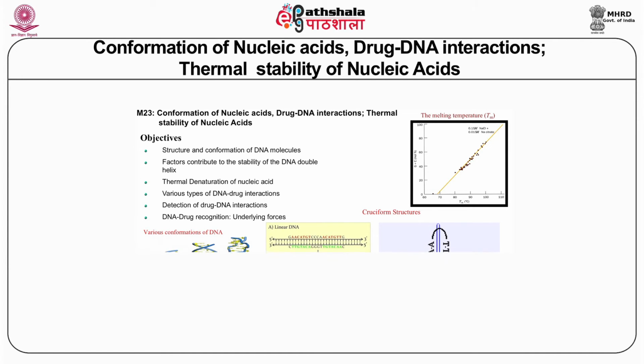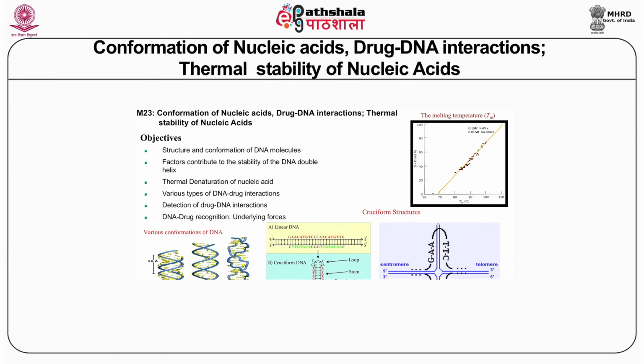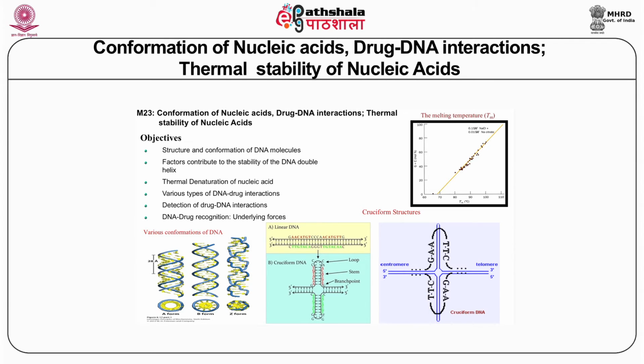So what are the factors that depend on the DNA double helix structure, which is accepted as existing in the B conformation, but actually depends on a number of parameters, like which small molecules are present in the environment. So it is important whether it is a drug or any other small molecule or a metal ion. These interactions you will be studying in this chapter.